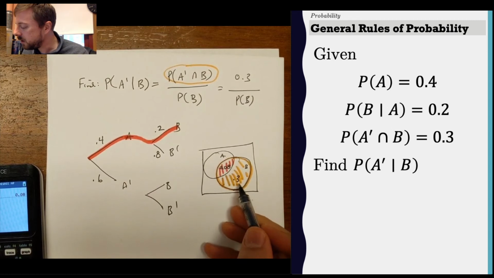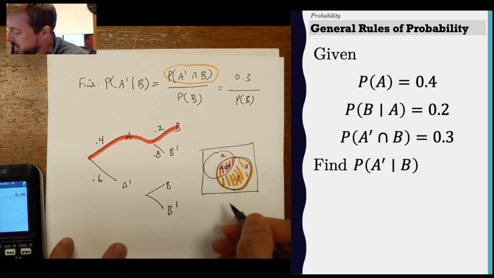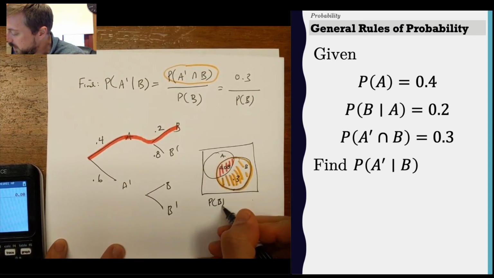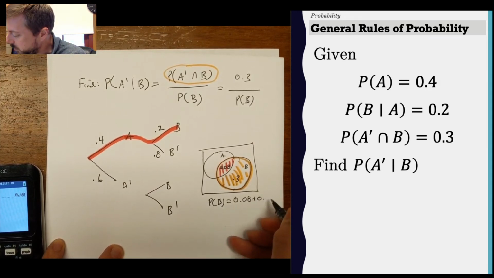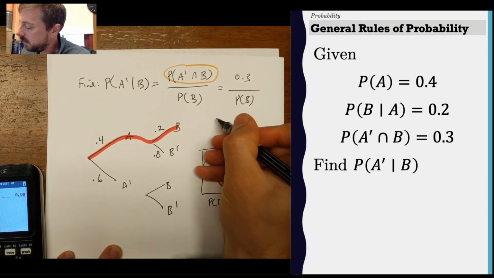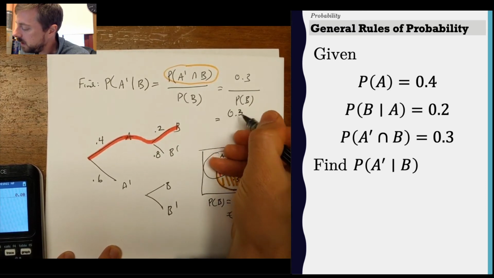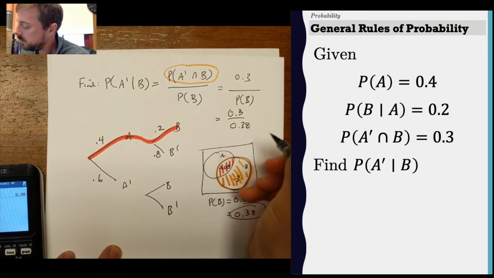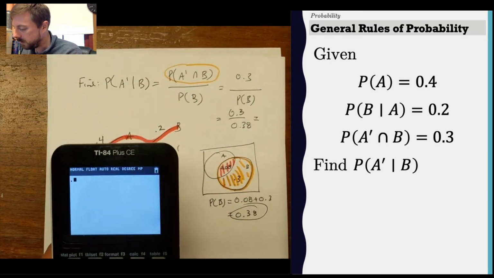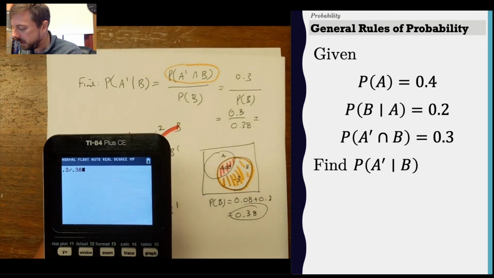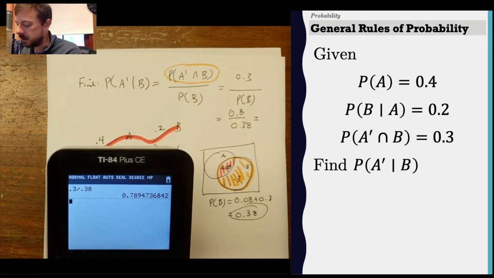And so we can see the probability of B altogether is going to equal 0.08 plus 0.3, in other words, 0.38. So, Shazam, I've got 0.3 divided by 0.38, and I can just calculate that. 0.3 divided by 0.38, and I got, well, that's kind of an ugly answer.